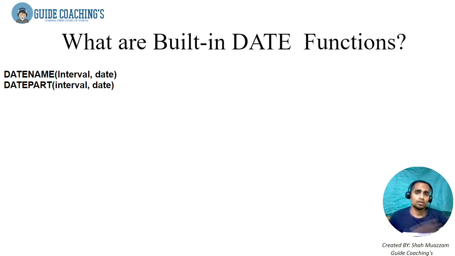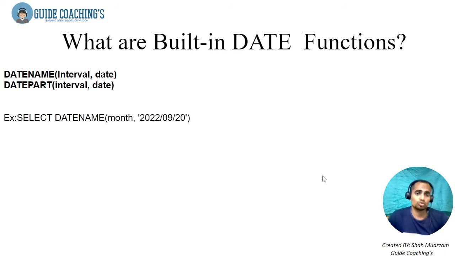Now the next method is DATEPART. It works similarly. It takes two parameters, the interval and the date, and then does the processing on those two parameters.